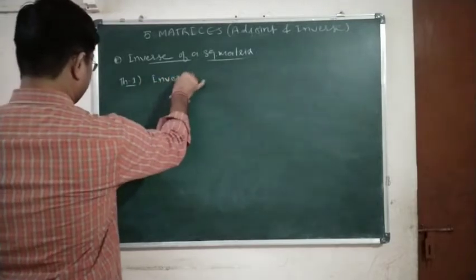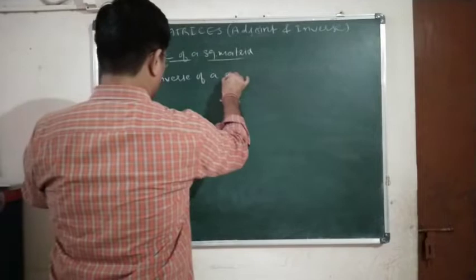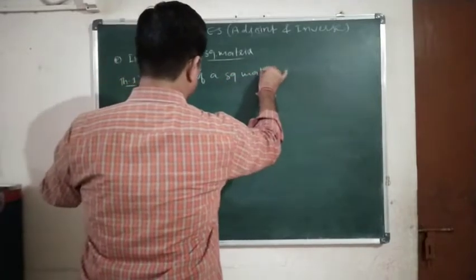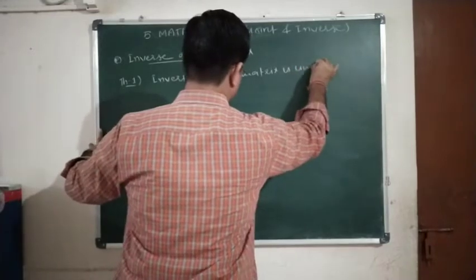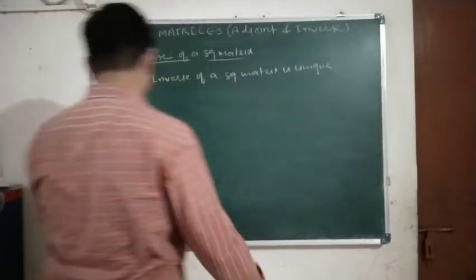Number one, the inverse of a square matrix is unique.